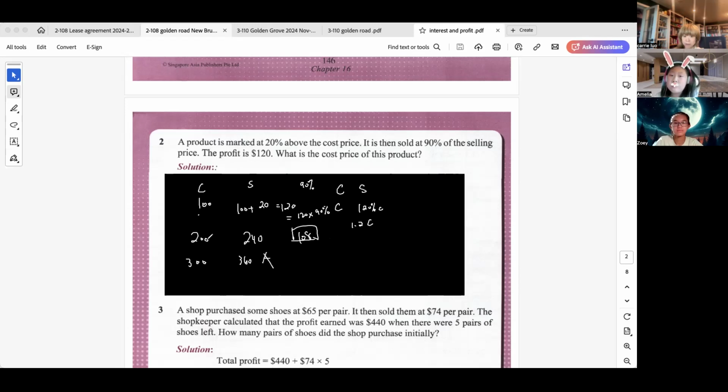Okay, if my cost is 200 and the selling price is 240, how much will it finally be sold for? So it's 240 times 90%. Get it? Okay, so now can you tell me what is the real selling price for this case? If the cost is C, the willing to sell price is 1.2 C, what is the real selling price?